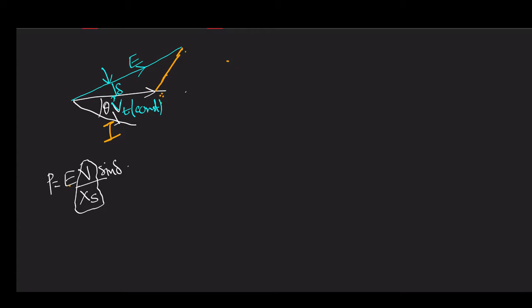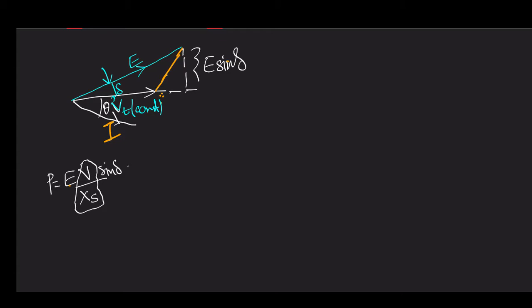It means if you extend this line of Vt, then whatever projection is drawn, this is your E sine delta, correct?